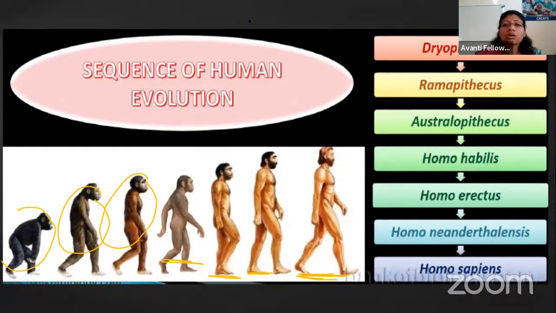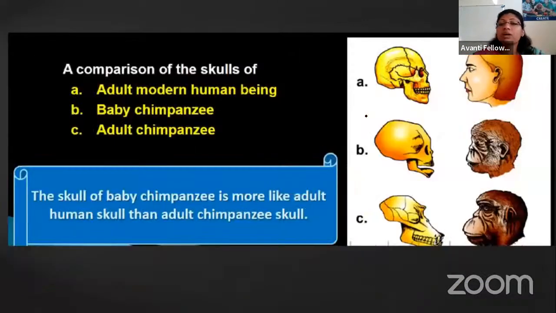Is this sequence of human evolution clear to everyone? If it is clear, please use the thumbs up reaction or any reaction present in your chat box, because with this we have completed our evolution chapter today. If you have any doubt, you can write it in the chat box.